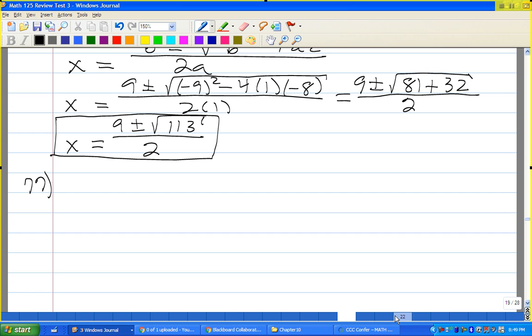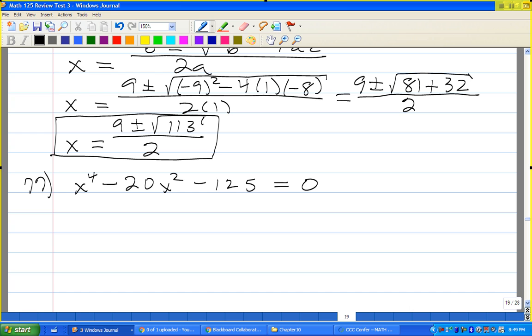Problem 77. X to the 4 minus 20x squared minus 125 equals 0. Okay, and so this is quadratic in x squared.